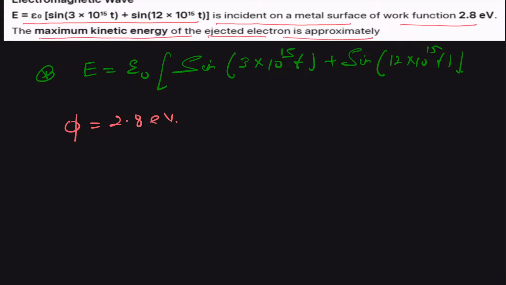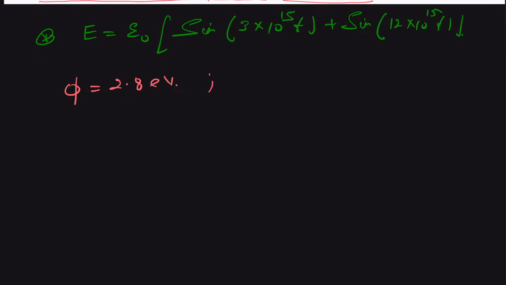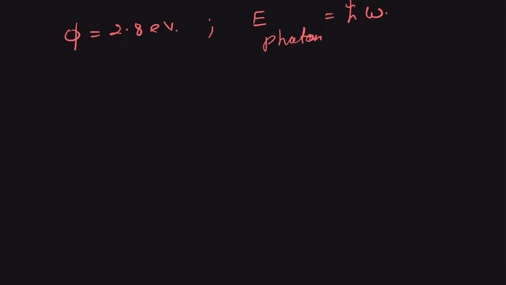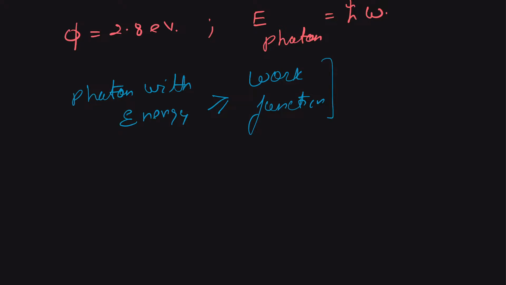Only the photons with energy greater than or equal to the work function can eject the electrons.